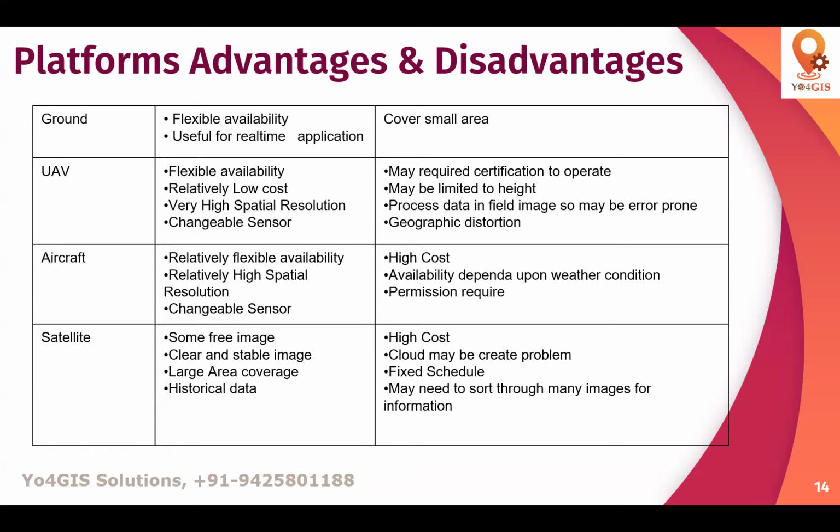They can fit it anywhere, on the roof of the car. They can keep it anywhere, and they can get the information about your speed, and based on that they can send a challan. So for ground based remote sensing, we have the flexibility to move here and there.